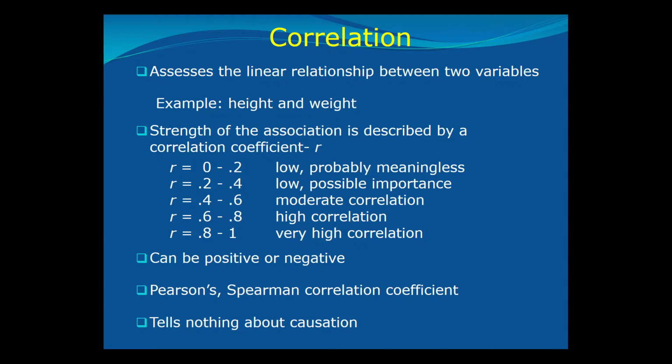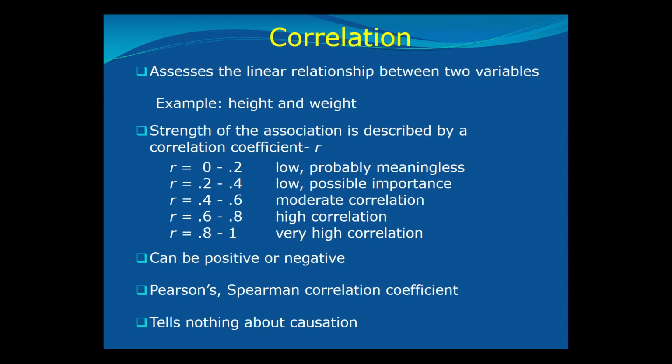For example, correlation assesses the linear relationship between two variables. For example, we are interested in whether there is an association between a person's height and a person's weight. We are interested whether there is a relationship or not. To prove that there is a relationship between height and weight, we need to carry out correlational analysis. Correlational analysis consists of 2 steps.